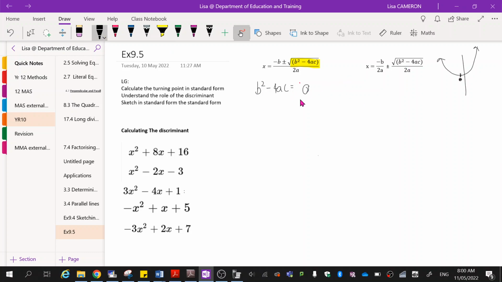If the discriminant's 0, then you're only left with this front part, which means that the root you would get for this equation is only going to be this one point here. You would say that it has one point where it's touching. So if this is equal to 0, then you have 1 point touching.